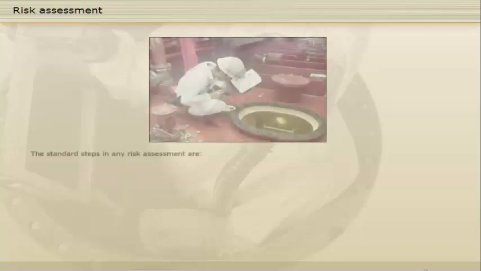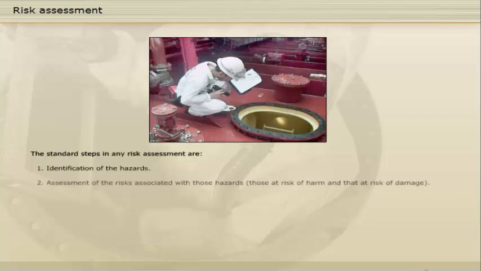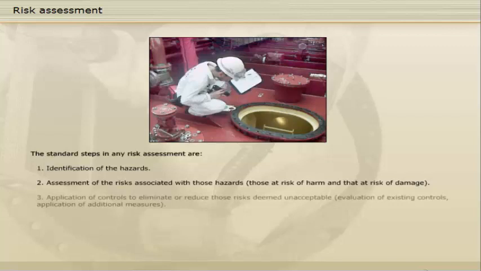The standard steps in any risk assessment are: 1. Identification of the hazards. 2. Assessment of the risks associated with those hazards, that is, those persons at risk of harm and that material, equipment or area of the environment at risk of damage. 3.